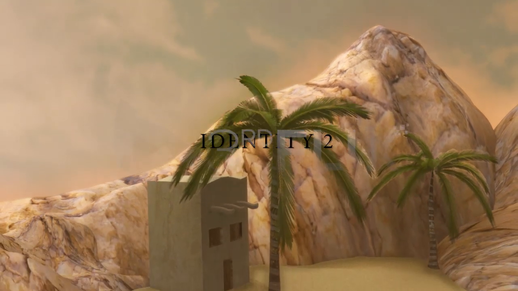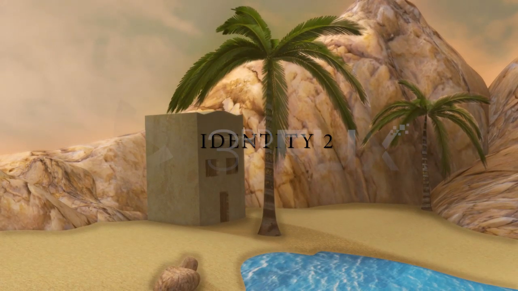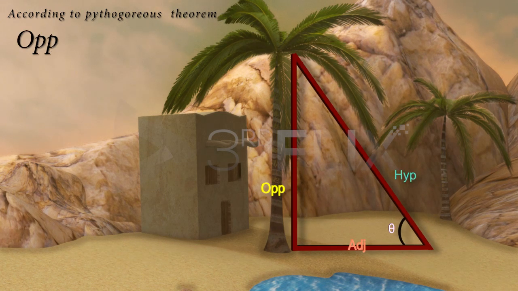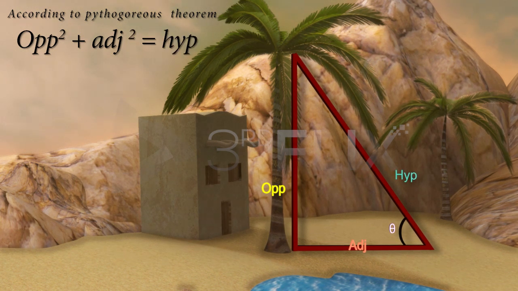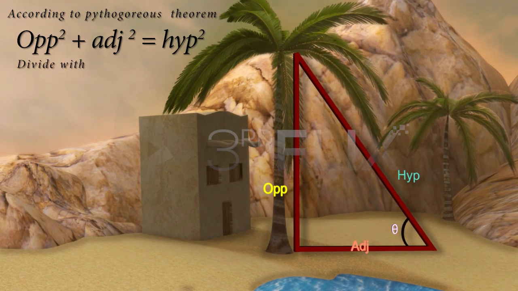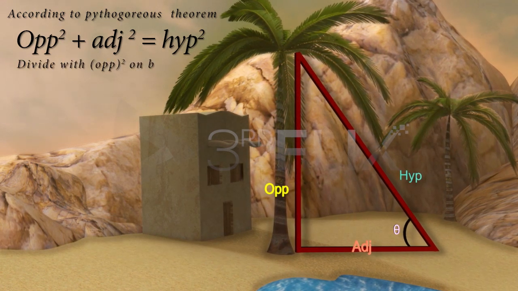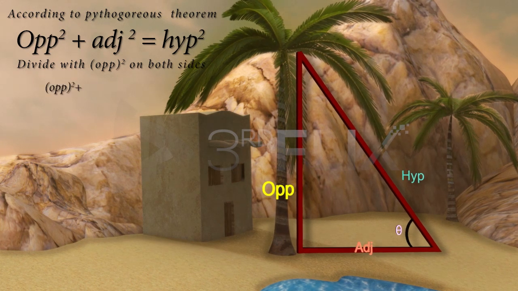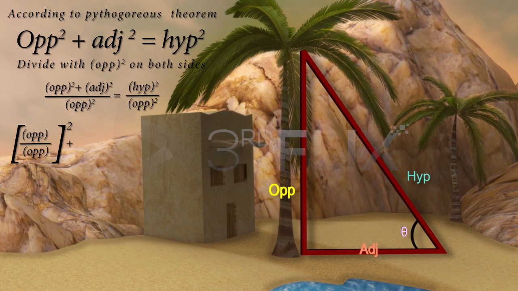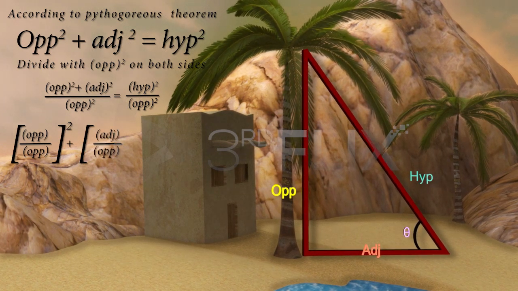Once again, let's consider the equation representing the Pythagorean theorem. Square of the opposite side plus square of the adjacent side equals square of the hypotenuse. Dividing both sides of the equation by opposite side square, we get 1 plus adjacent side squared by opposite side square equals hypotenuse square by opposite square.